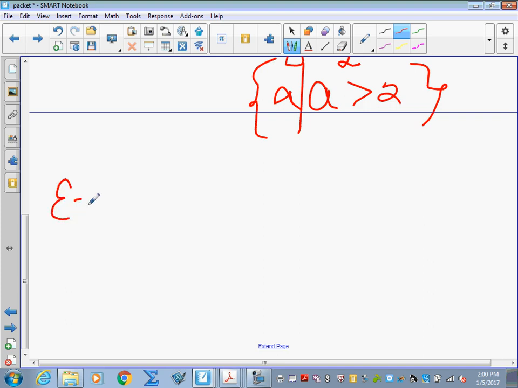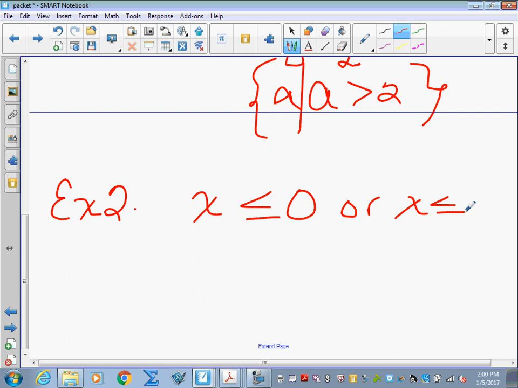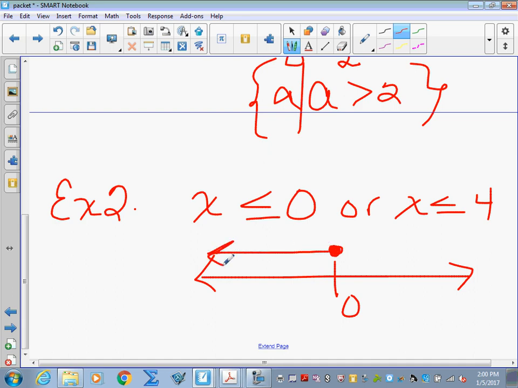So we'll do another example. Example 2. If I have x is less than or equal to 0, or x is less than or equal to, let's say, 4. See how both are going to the left. And this is for an or statement. So my preliminary graph would look like this: a closed dot going this way, and then at 4, a closed dot going this way.